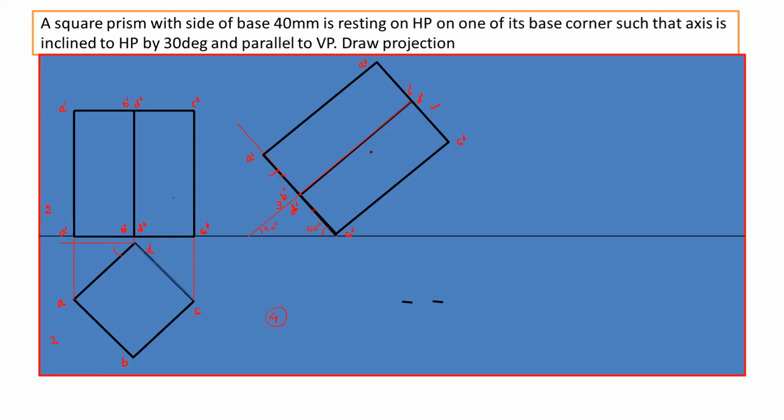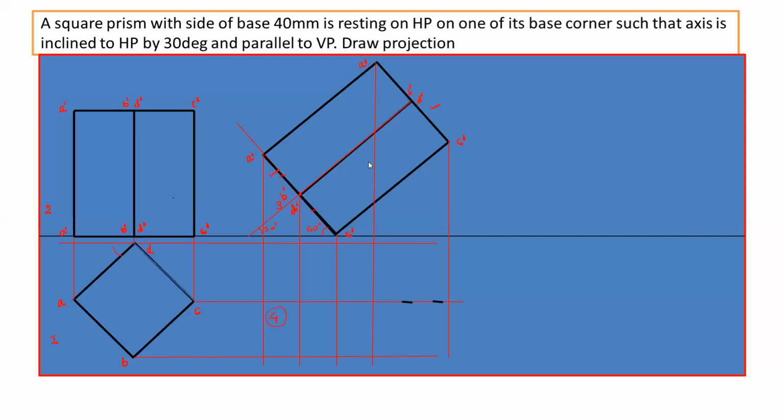Okay, accordingly you have to name these points. So take the projections in the top view and then take the projections from the first stage top view. Okay, now find out the intersection points.